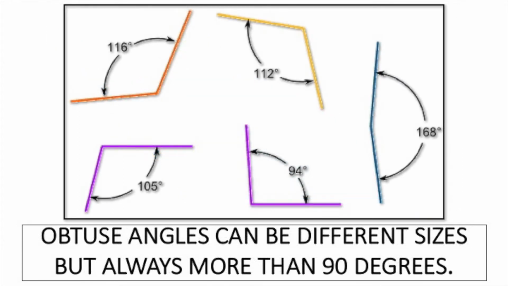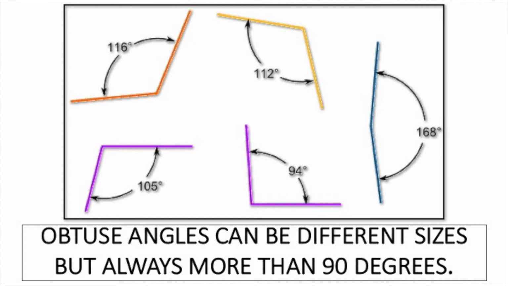Obtuse angles can be different sizes but are always more than 90 degrees. The same as acute angles. Acute angles can be different and less than 90. Obtuse angles can be different but more than 90 degrees. What number can you see here? 116 degrees.